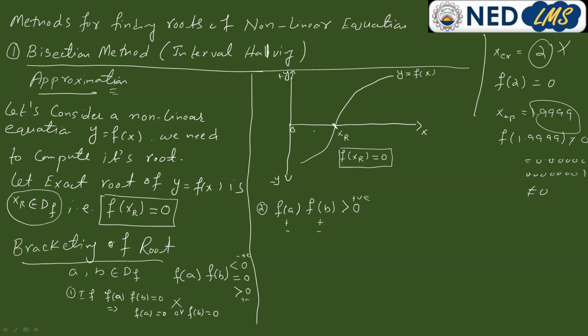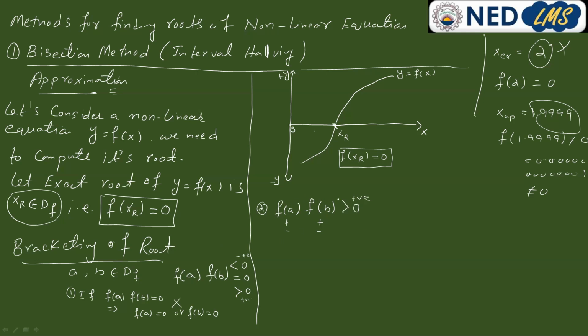If I selected two points A and B, then in this condition we may have a root or we may not, we don't know. It means that if I put A and B in the function, I will get a positive answer on both points or a negative answer on both points.